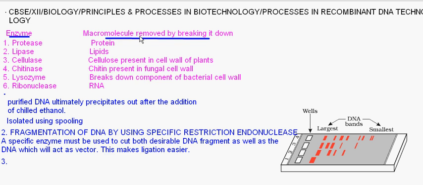I repeat, the same restriction endonuclease is used to cut both the DNA carrying the desirable DNA fragment as well as the vector molecule. This makes ligation, that is joining, easier.